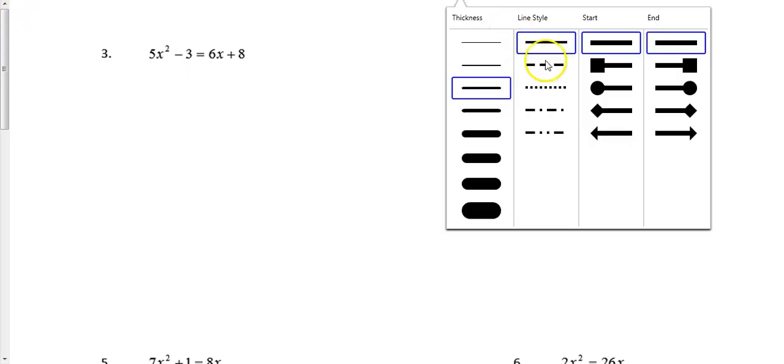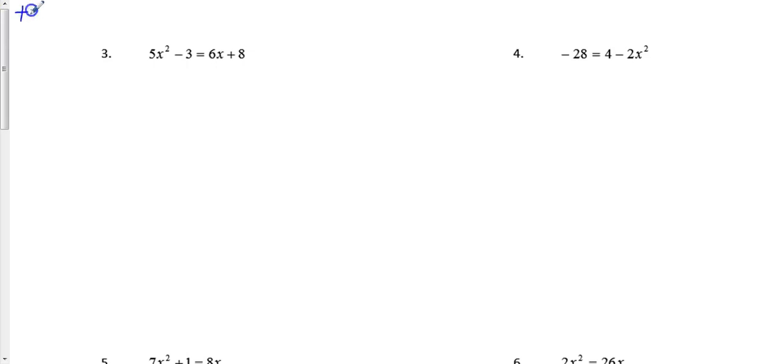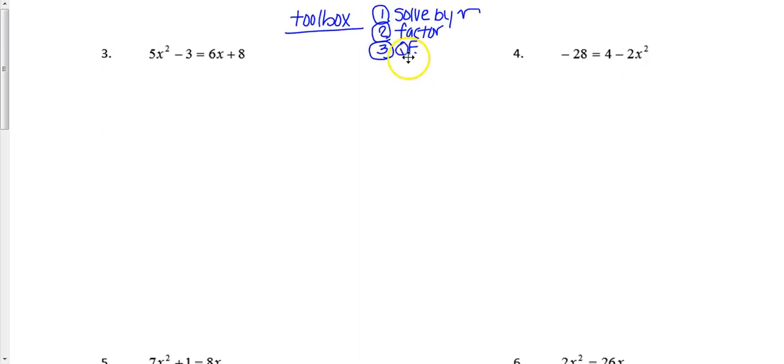So recall the toolbox. 1 is solve by square roots. 2 is factor. And if it's not factorable, 3 is the quadratic formula. I'm not trying to crowd that question, so maybe I put my toolbox right here in the middle. But that's our big picture. Every single question from this point forward in this activity will fall into one of these 3 categories.